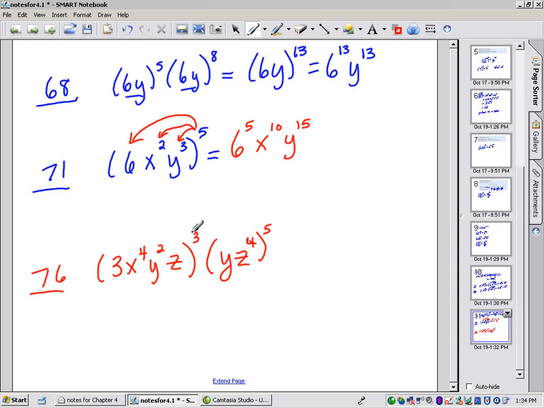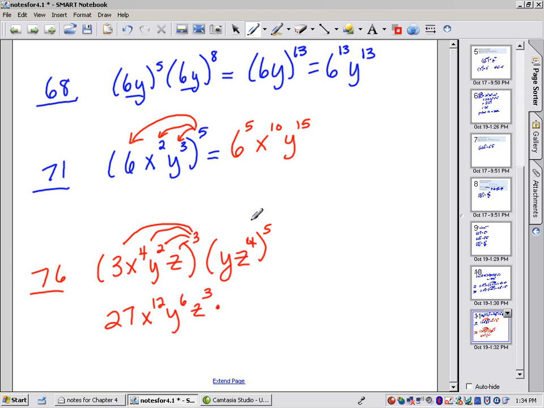So the 3 in the first set of parentheses would apply to each of those factors. 3 to the 3rd, 3 times 3 times 3 is 27. X to the 4th to the 3rd is x to the 12th. Y squared to the 3rd is y to the 6th. Z raised to the 3rd is just z to the 3rd.